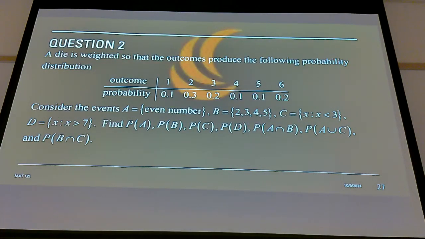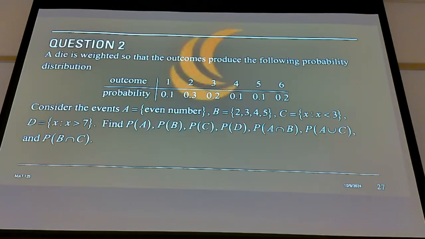A union with C. So even number or less than 3. So what are those outcomes? 1 and 2? Wait, even or less than 3. It's just 2.